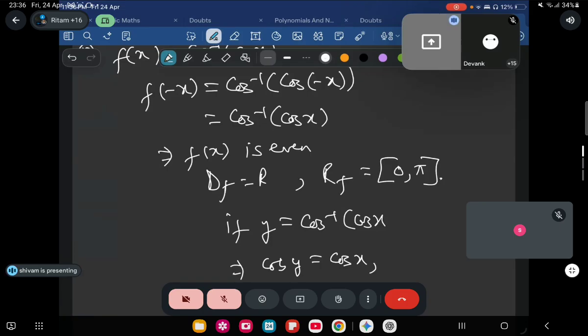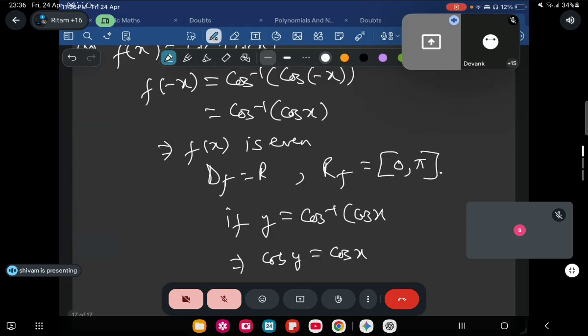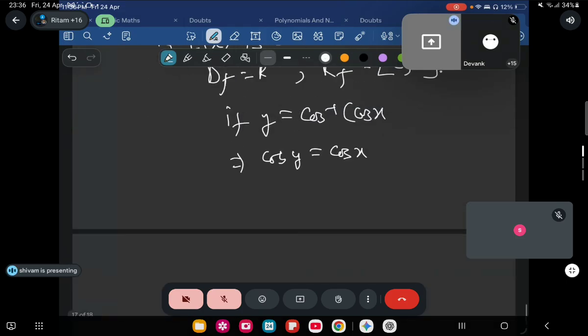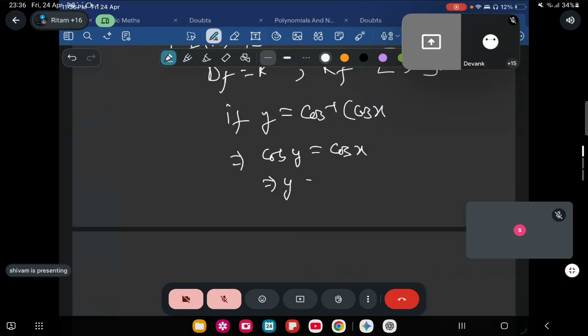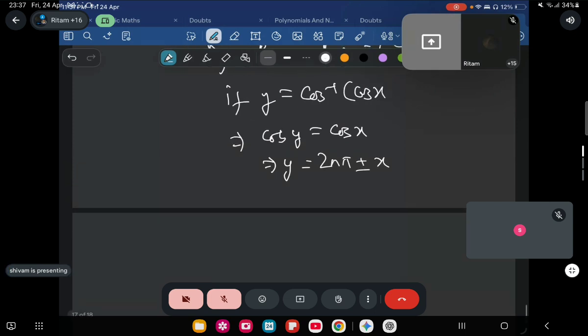So what is the value of y? What is the general solution if cos y equal to cos x? 2n pi plus minus x. So if n equal to 0, we are going to get two branches, y equal to plus minus x.